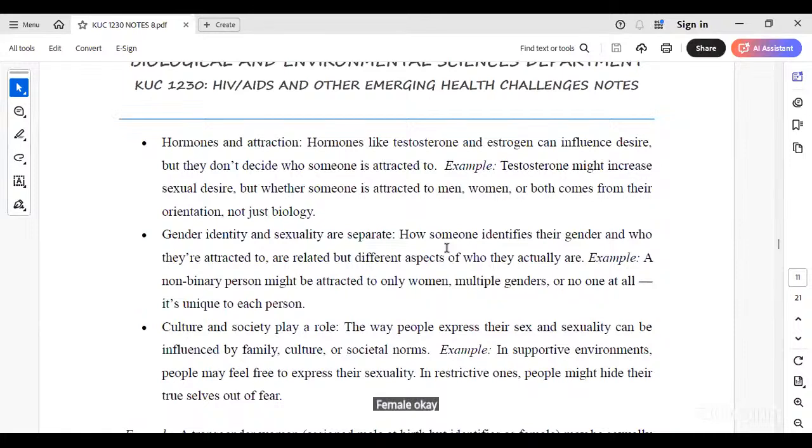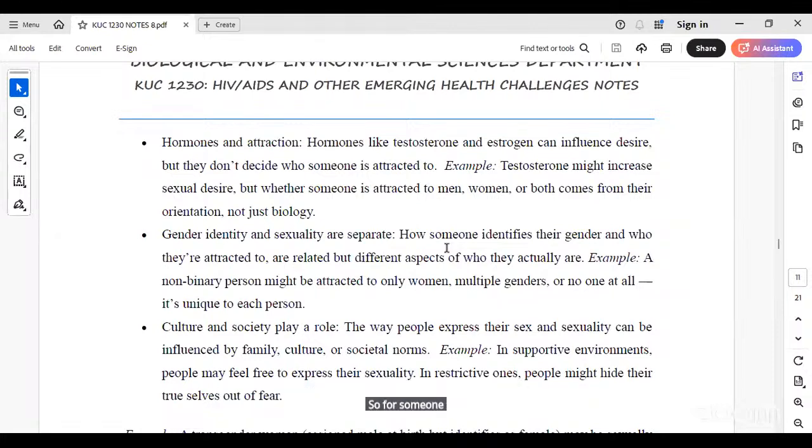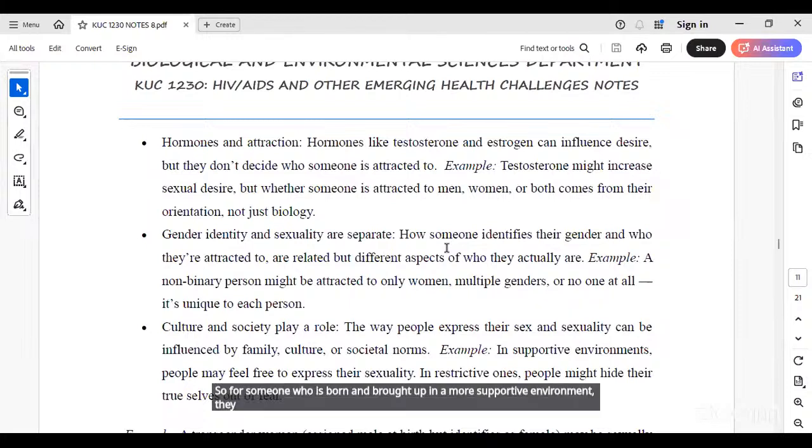So the last thing is culture and society will play a big role, because the way you express your sexuality is influenced by the culture, by the societal norms. So where do you come from? How supportive is that environment? So someone who is born and brought up in a more supportive environment, they will feel free to express their sexuality.